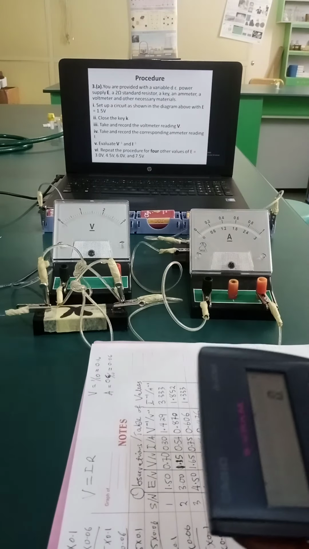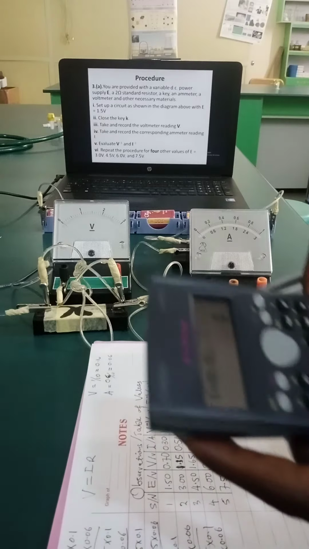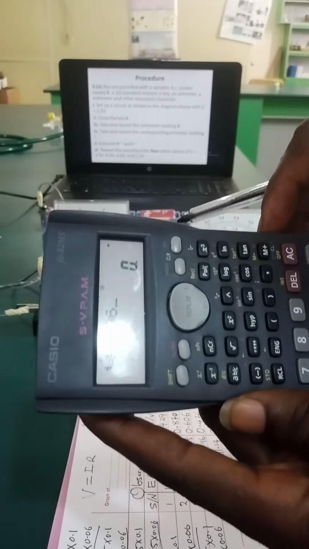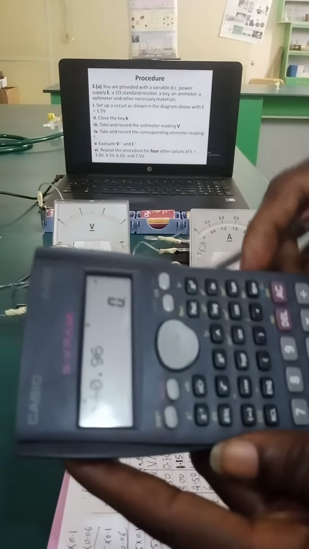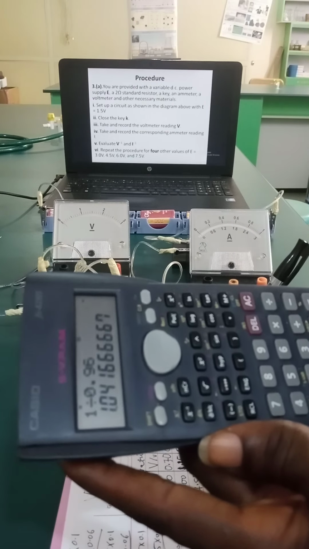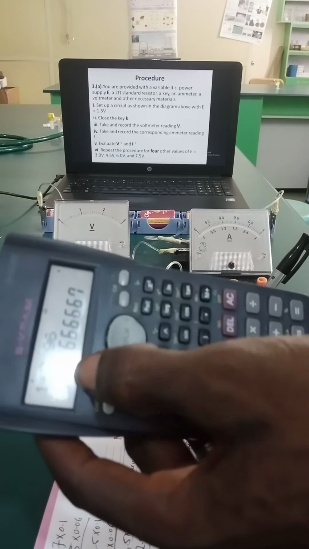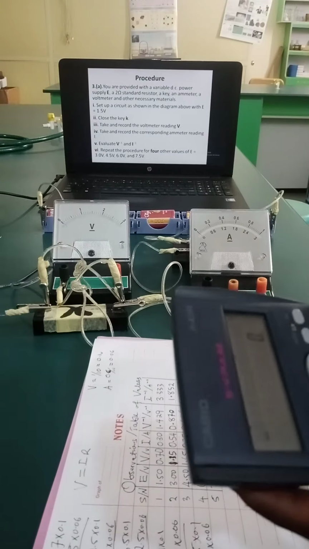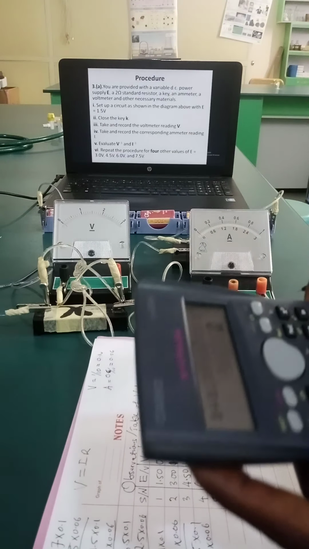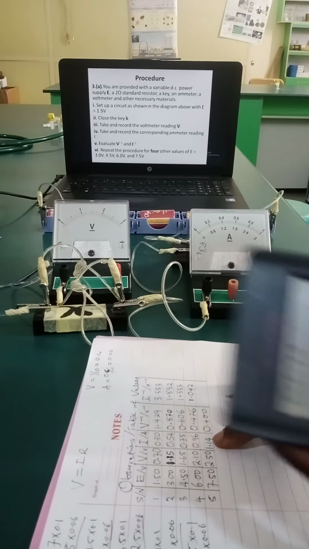The next one is 1 divided by 0.96. If you do that, you are going to have 1.042. The last one is 1 divided by 1.14.